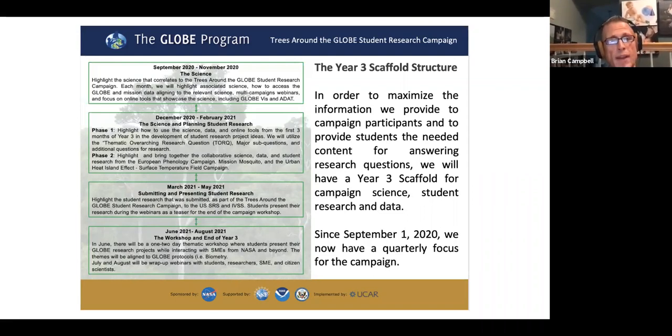We will bring in students, educators, researchers, citizen scientists to talk about 3 years of the campaign and what has been done, what has changed throughout this whole pandemic versus what was done before, how everyone has looked at the data, how much data has come in. So it's going to be a really cool workshop that brings together 3 years of the campaign with this scaffold structure.